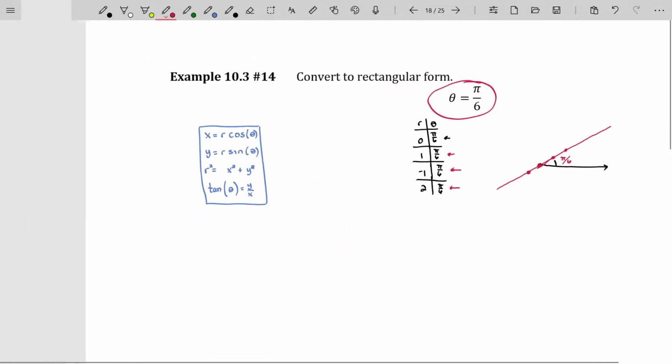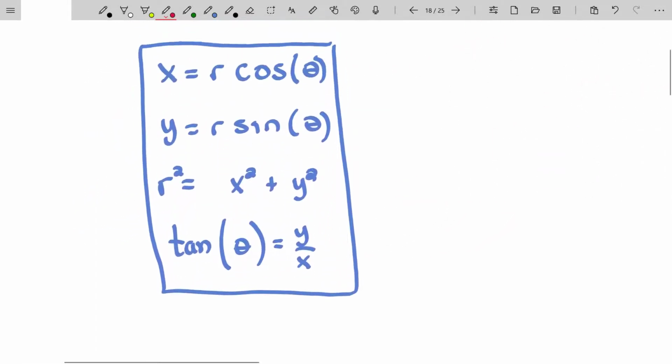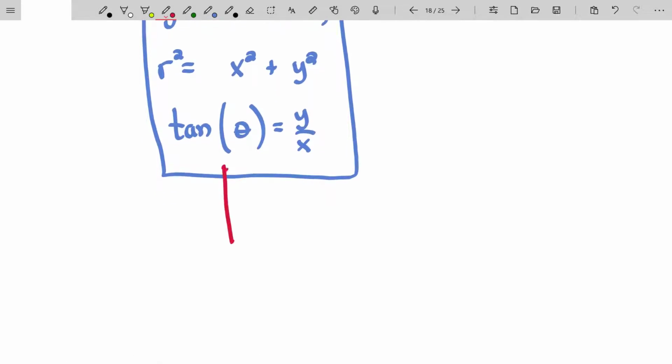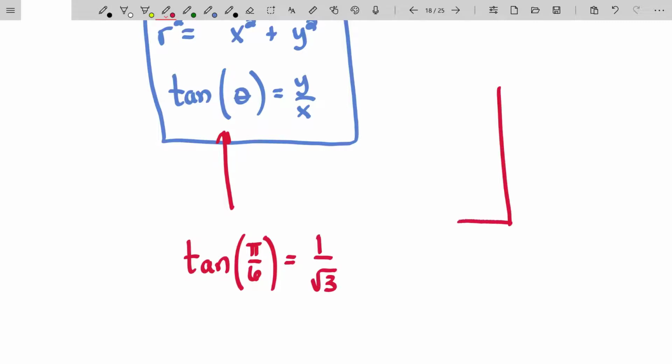Another way you could have done that, by the way, is to use the formula for the tangent, which is something I would rarely do, but you could totally use that here. You could say the tangent of pi over 6 is 1 over root 3. If you didn't remember that, that's one that I don't often remember. Pi over 6, pi over 3, 1, 2, root 3.